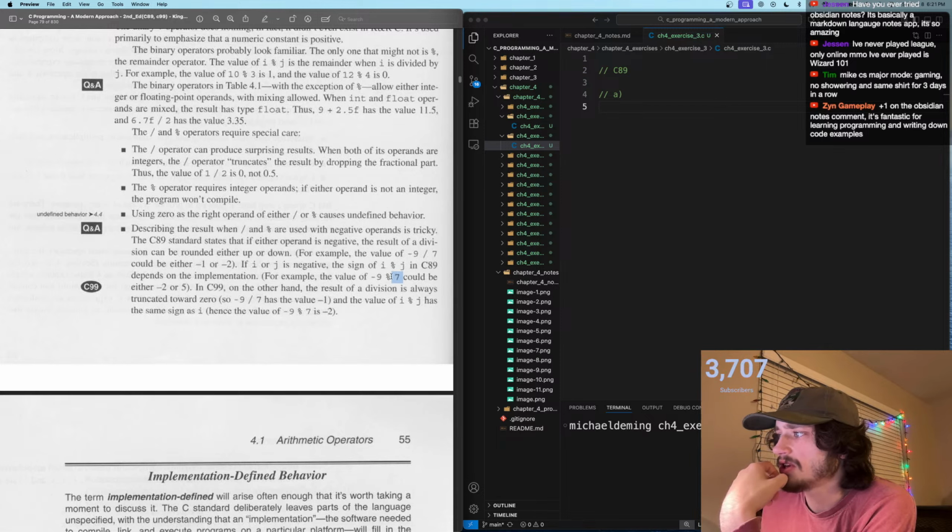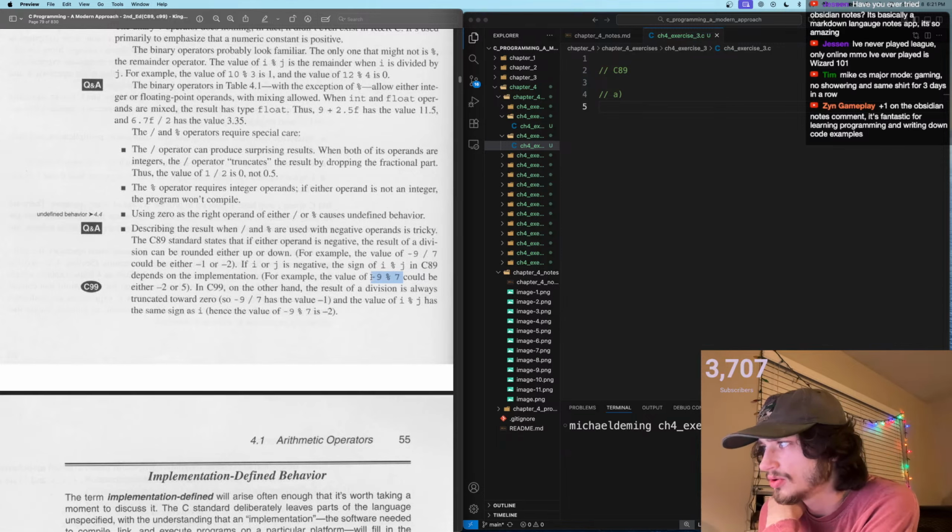Because obviously one answer is negative 2, right? 7 goes into 9 once, or positive 9 once rather, and thus it would be 2, with the negative out front because it's negative. But why 5? Because 7 minus 2 is 5.